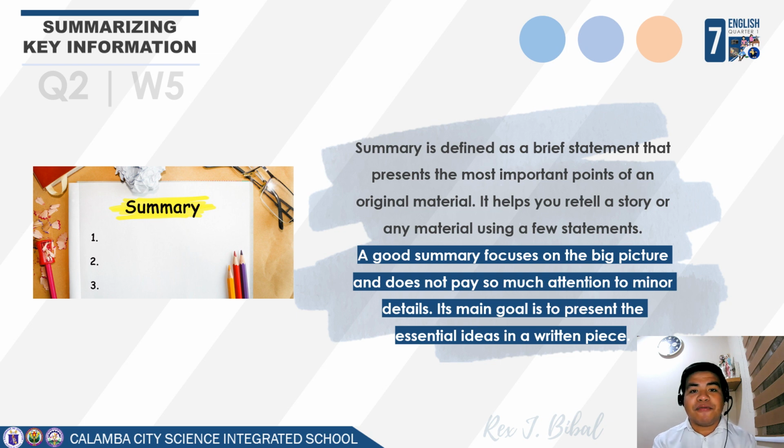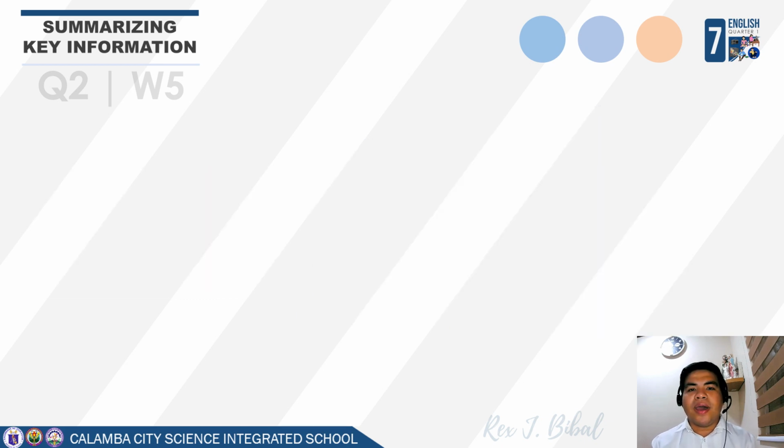A good summary focuses on the big pictures and does not pay much attention to minor details. Its main goal is to present the essential ideas in a written piece. However, there are times that people are confused if paraphrasing is synonymous with summarizing or vice versa.